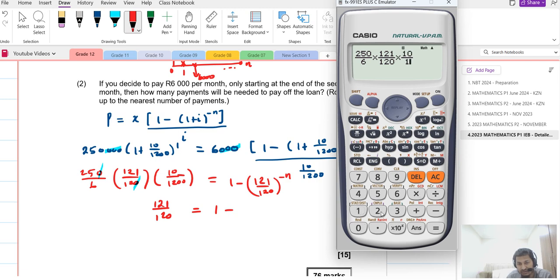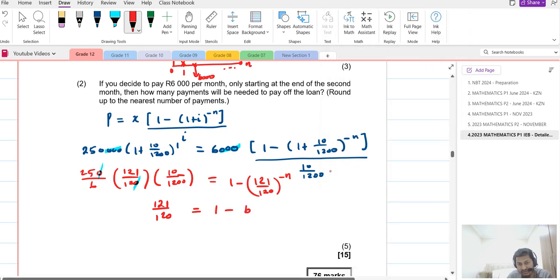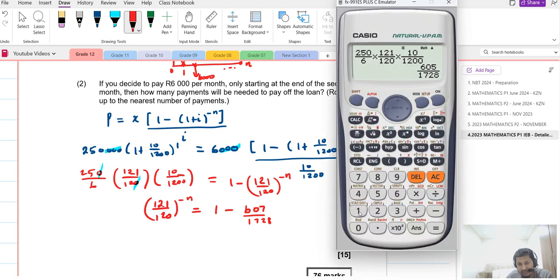Now you can see for yourself, you're getting 605 over 1728. Right, this is to the power negative n. Okay, now what's 1 minus the answer? 1 minus the answer is equal to 1123 over 1728.